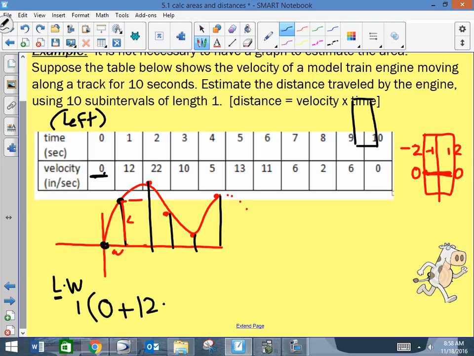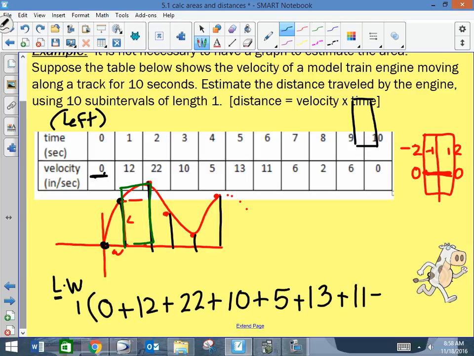Okay? And what's my third one? That should be right here. Okay? That's 22 high. Okay? And my fourth one is, my fifth one is, my sixth one, my seventh, my eighth, my ninth, and my 10th.